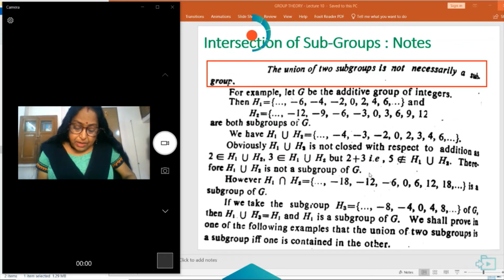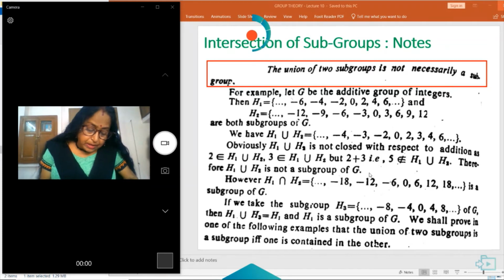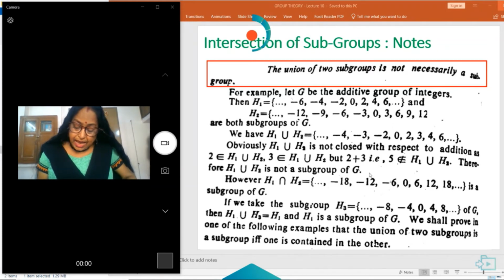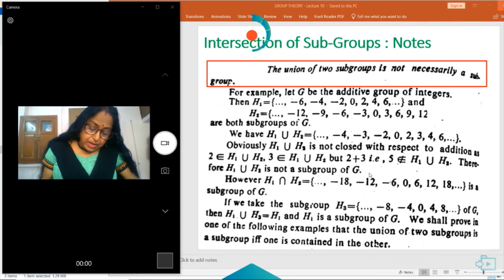Now H1 union H2 is written as shown. Obviously, H1 union H2 is not closed with respect to addition, as 2 belongs to H1 union H2 and 3 belongs to H1 union H2, but 2 plus 3, that is 5, does not belong to H1 union H2.